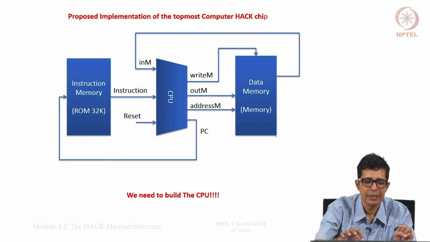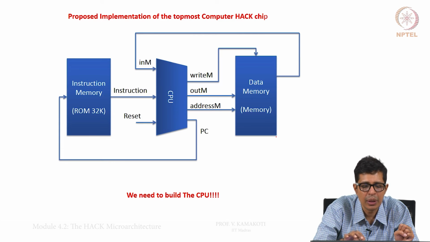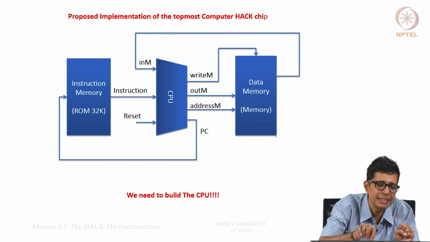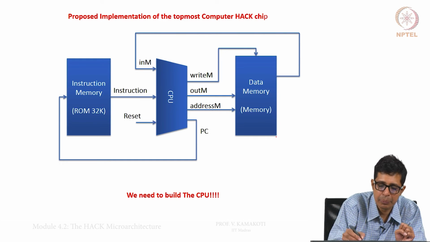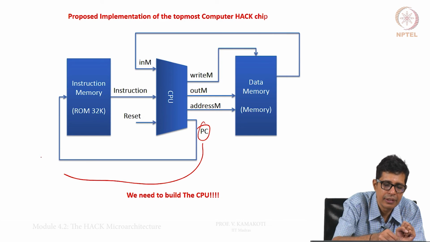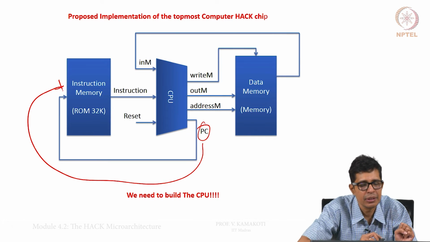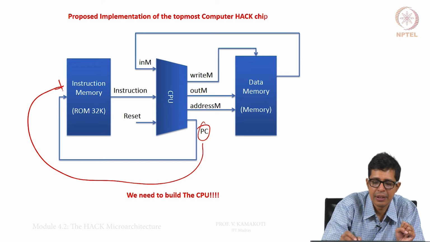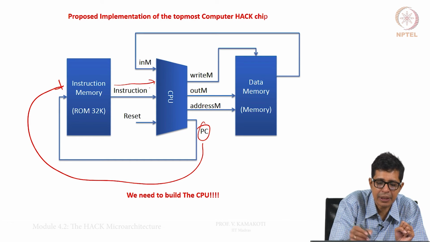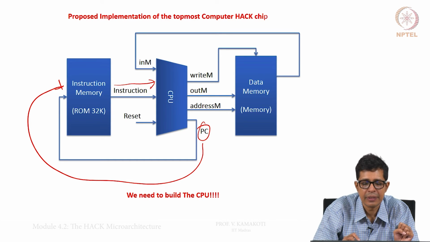The CPU will have a program counter internal to the CPU. The program counter will send its address to the ROM, the instruction memory. That instruction will come to the CPU.